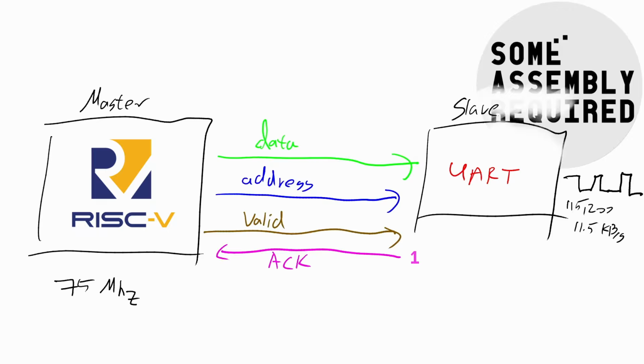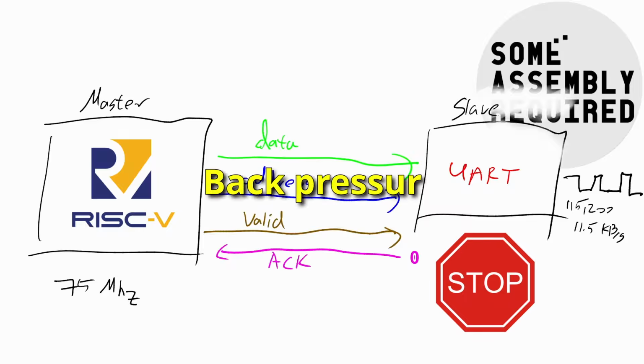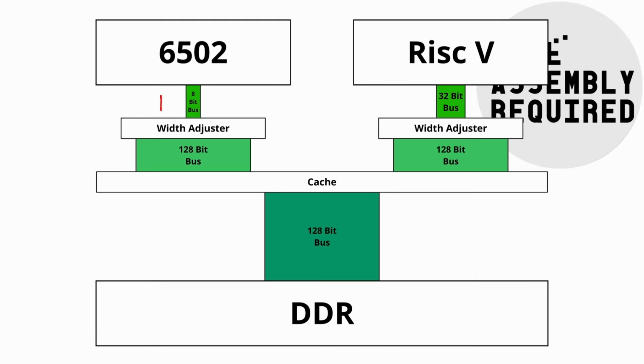The UART is able to lower its ACK signal until it can handle a new byte, thus slowing the CPU down. This mechanism is often referred to as back pressure. Regular viewers may remember that this is how I ran the Apple CPU at 1 MHz, despite the CPU itself working with a 75 MHz clock.